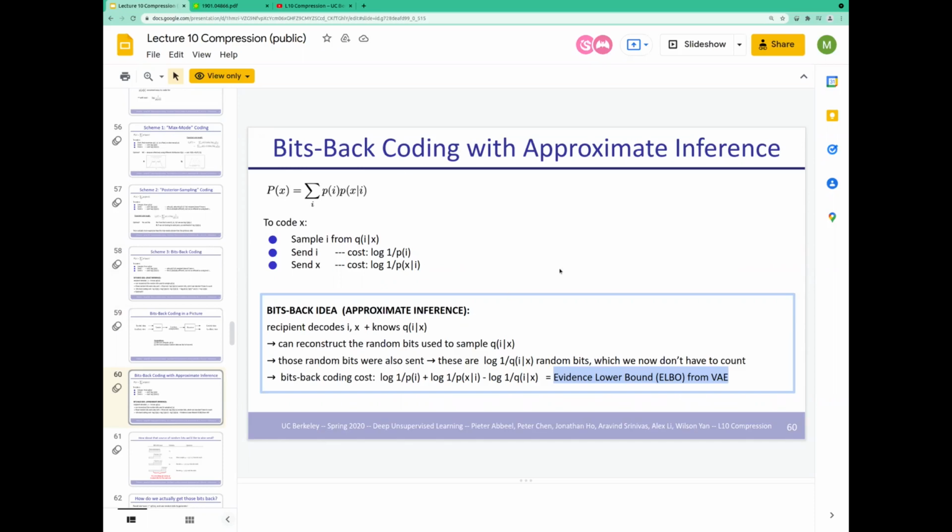So we start with 1 over prob in the ELBO derivation. It's one of the intermediate steps. But since we use the ELBO as our loss function, training the VAE and optimizing the compression is the same problem.